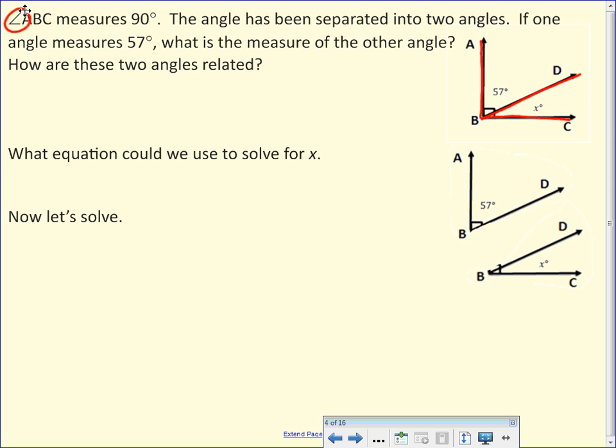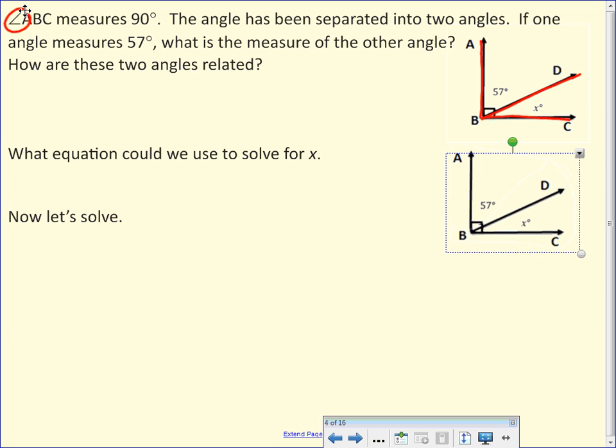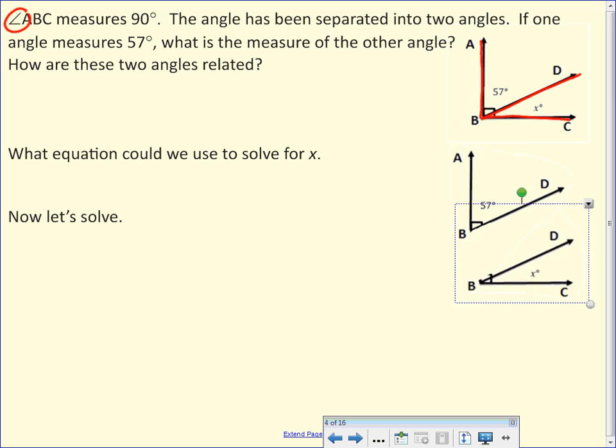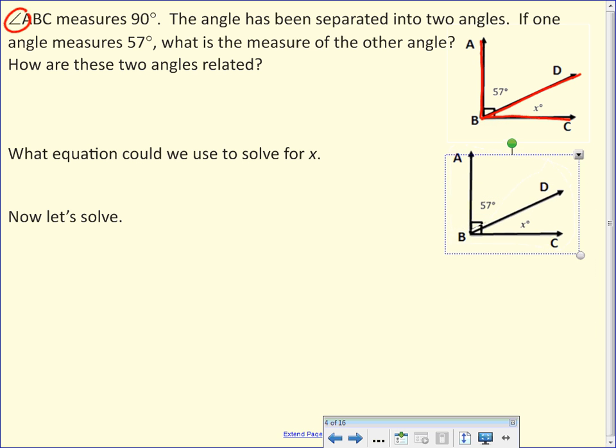And we have angle ABD, which is 57 degrees. If I put these two angles together, what do I know about the measure? If I put these together, it forms ABC, which is my red angle up here.